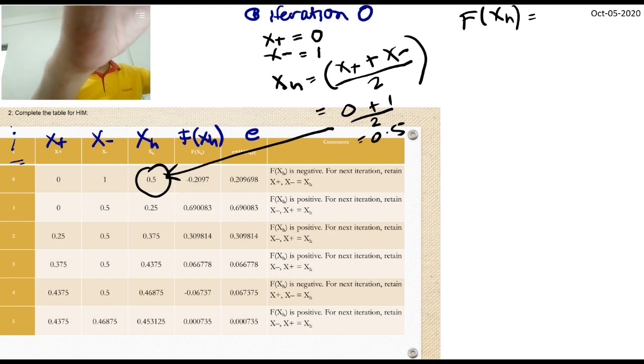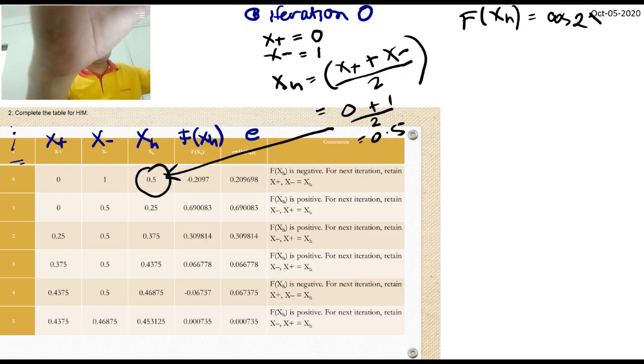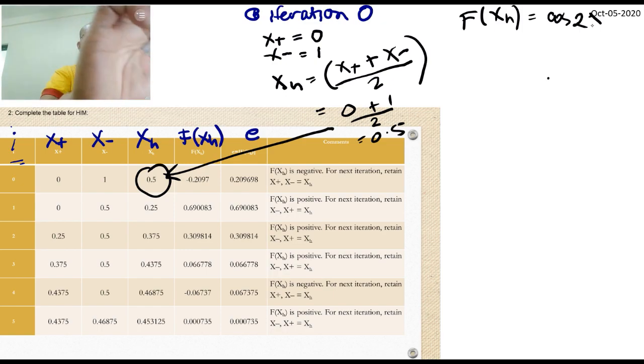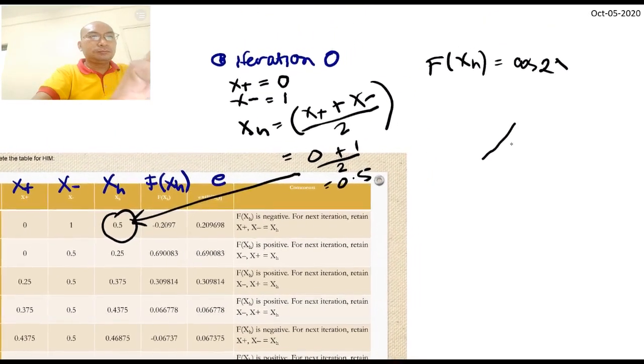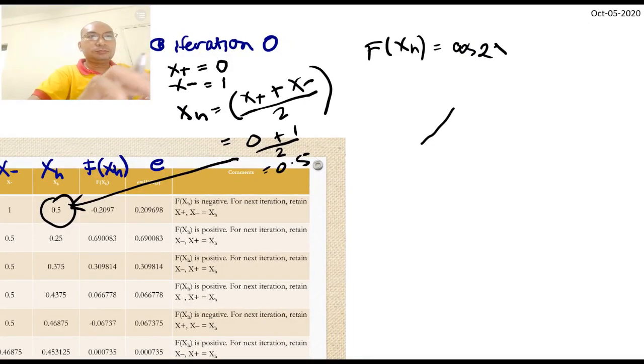Our equation is cosine 2x minus 3x squared.